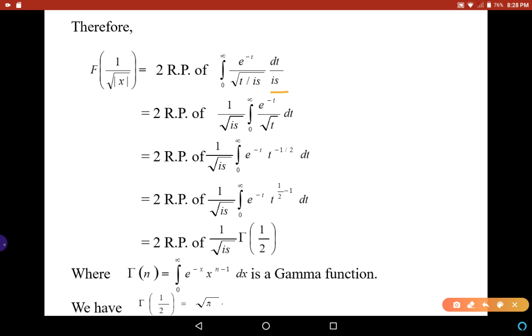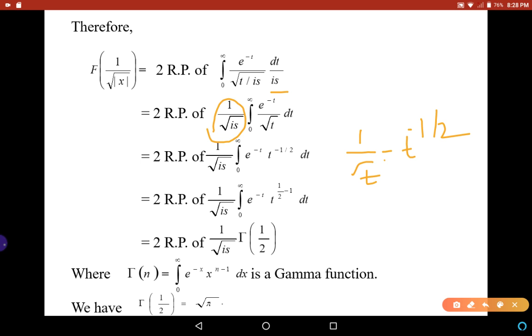Now after simplification, we get square root of is by is here. So this becomes 1 by square root of is into integral 0 to infinity e power minus t by root t dt. That is 2 times real part of 1 by square root of is into integral 0 to infinity e power minus t. 1 by root t can be written as t power minus 1 by 2.